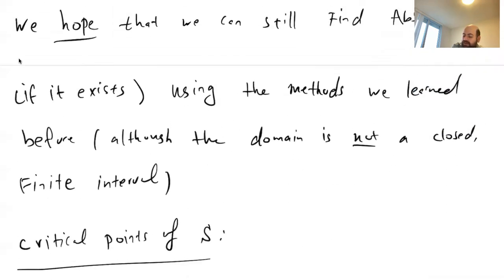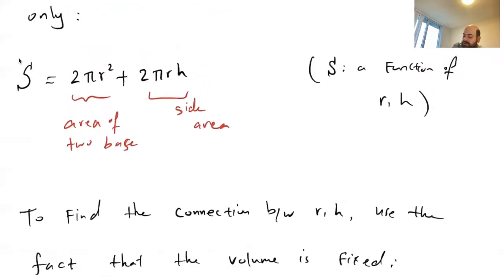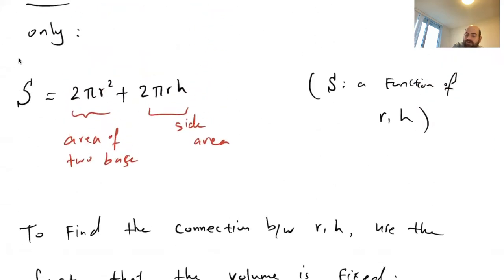The total area, as we said before, was this one, 2 pi r squared plus 2 pi rh. Once you have the value of R and H, that gives you the cylinder that we are looking for, that has the smallest total area. Once we have the value of R and H, of course, we can substitute and find the minimum value for S as well.